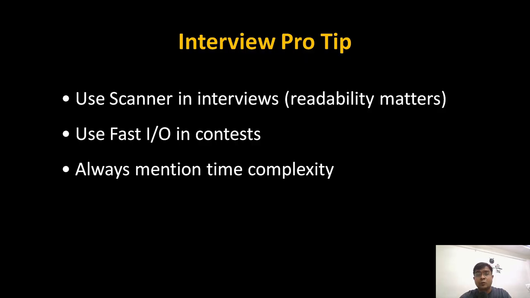But if it's a competitive programming coding interview, then you have to use fast input output operations, because the input size might be very large. In normal coding interviews, you can use a Scanner and mention to the interviewer that if the input size is large, you can optimize by using a StringBuilder and BufferedReader. This shows your maturity, your depth, and your understanding of the problem. That's how you need to optimize the solution.